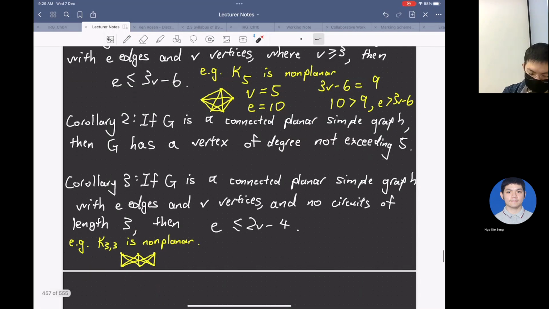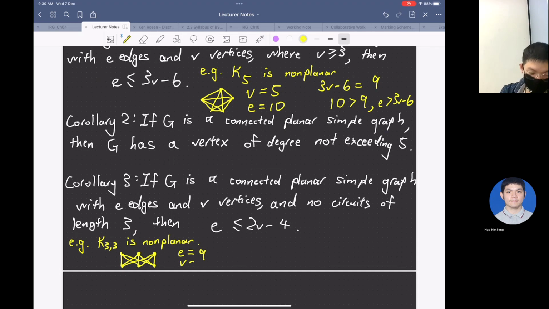So what is E for K3,3? What's the number of edges? 1, 2, 3, 4, 5, 6, 9.